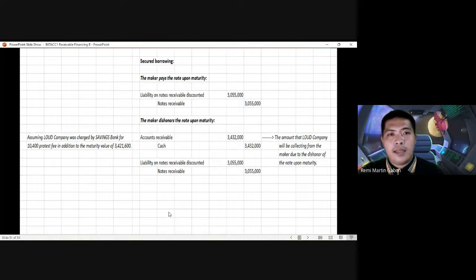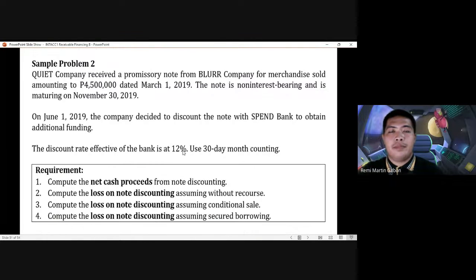The last problem. Bonus problem. Okay. Kanina, yung problem natin, yung assumption natin sa problem is interest-bearing promissory note or interest-bearing notes receivable. This time, sample problem 2, the assumption is non-interest-bearing notes receivable.